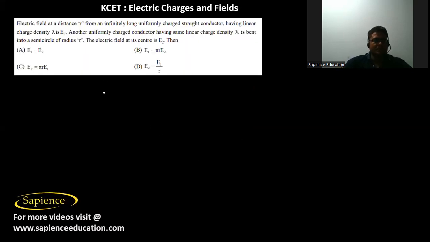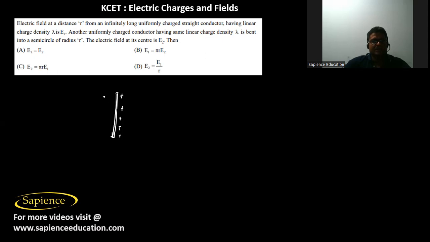Then here it is told the electric field at a distance r from an infinitely long charged straight conductor having linear charge density lambda is E1. Here one charged rod is there.